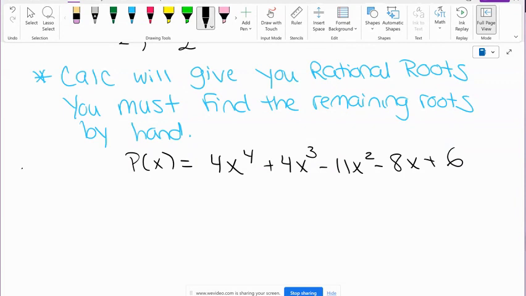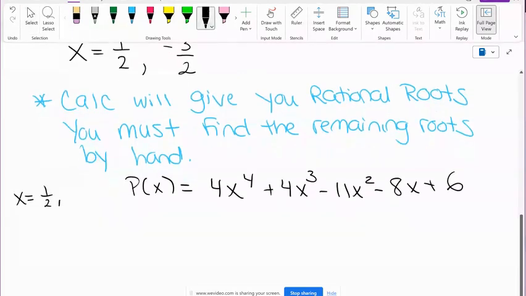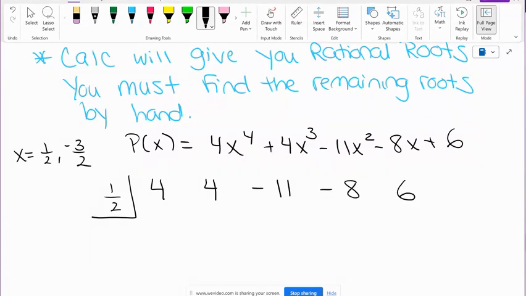So we know we have x equals a half and negative 3/2. I'm going to plug in a half first in my box. So now we have 4, 4, negative 11, negative 8, and 6.